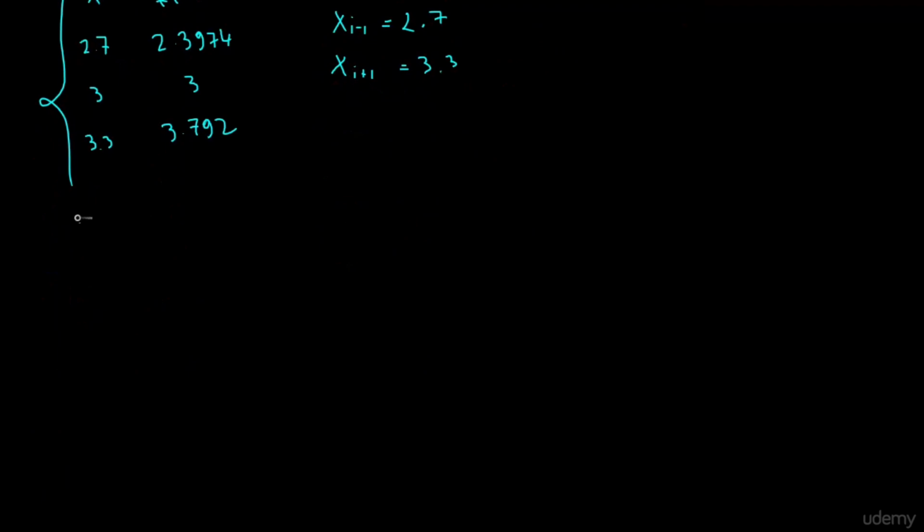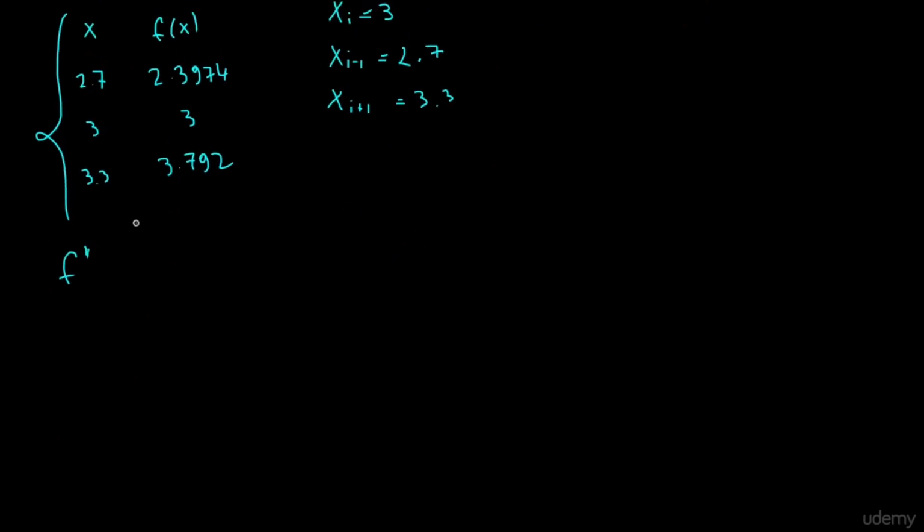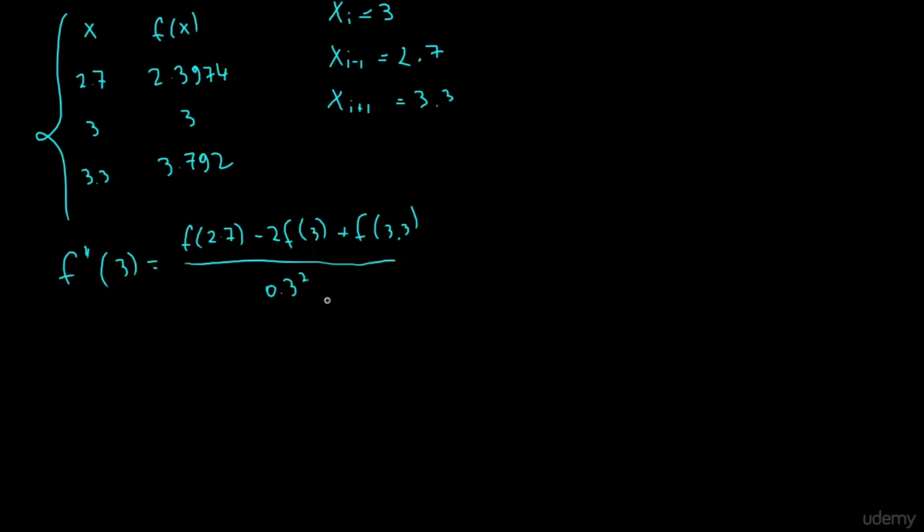Just to illustrate how to plug in all these values, the second derivative at 3 is equal to the function at 2.7 minus 2 times the function at 3 plus the function at 3.3, all divided by delta x squared, so that's 0.3 squared.